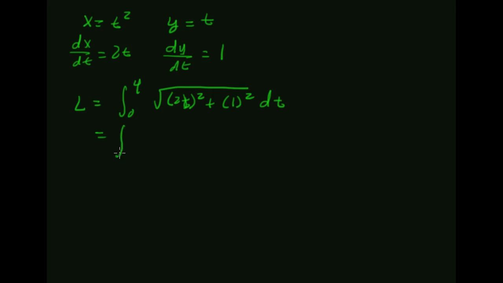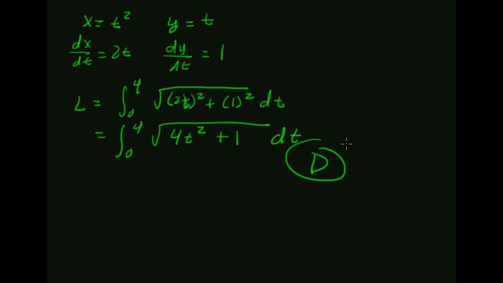So this is going to give me the integral from 0 to 4, square root of 4t squared plus 1 dt. Then they don't go any further, and that's letter D. So though you will not see something like that on the BC exam this year, you should know how to do one.